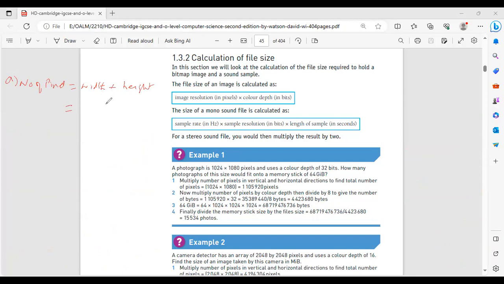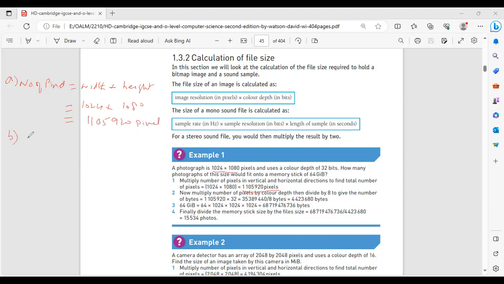Here the number of pixels is given as 1024 multiplied by 1080. You have to be very smart to do such a huge calculation. These two are multiplied and we get the number of pixels. So we'll write here 1105920 pixels. Okay.